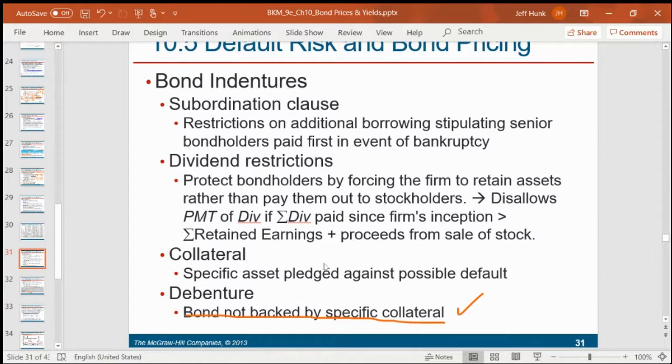But if you have to, what would you want? You will require collateral, right? So very low rated, high default risk firms will, in some cases, put up collateral.